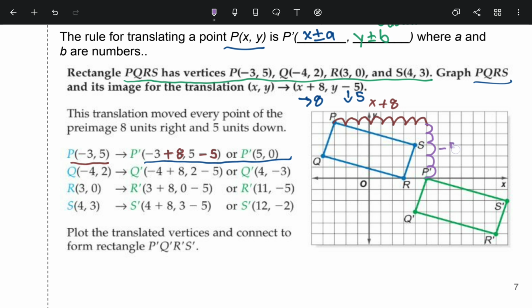That is minus 5, y minus 5. And we ended up at P prime is what we can call that. And if we were to do that to every one of them, we would see that every point is moved to the right 8 and brought down 5 units. So this would be our pre-image. And this is our image.